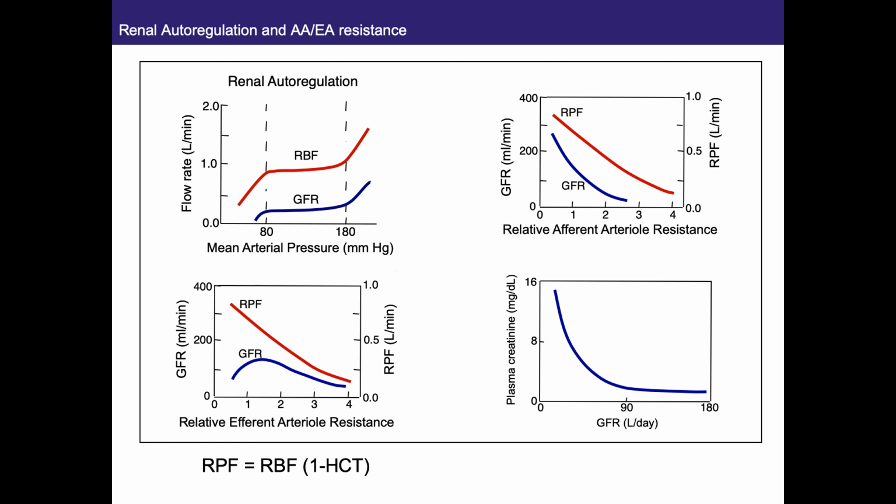You can go from 80 millimeters of mercury to 180 millimeters of mercury, and because of these intrinsic mechanisms, GFR and renal blood flow, renal plasma flow, which is just a percentage of the renal blood flow, stays constant in the face of seriously varying mean arterial pressure.